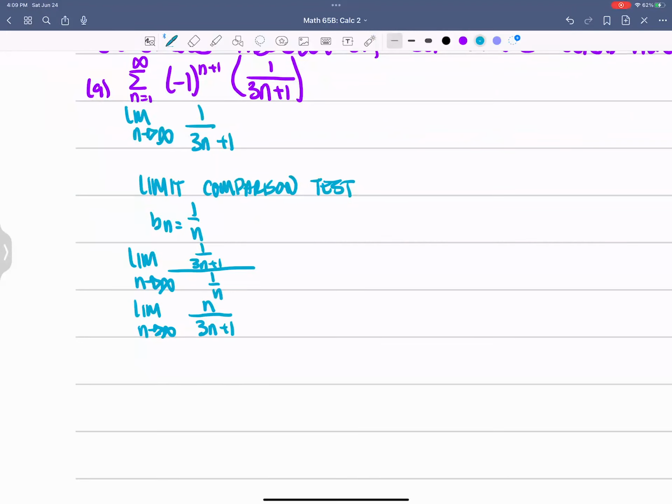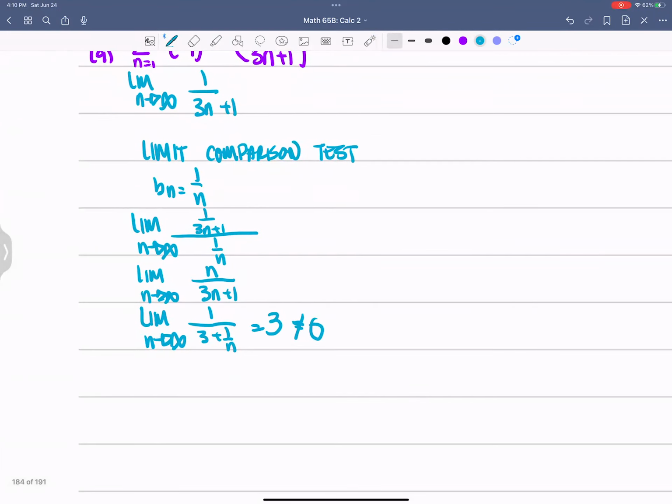Dividing both top and bottom by n, we get the limit of 1 over 3 plus 1 over n, which goes to 3. And because it goes to 3, it's not equal to 0, so either both of these converge or both of these diverge.